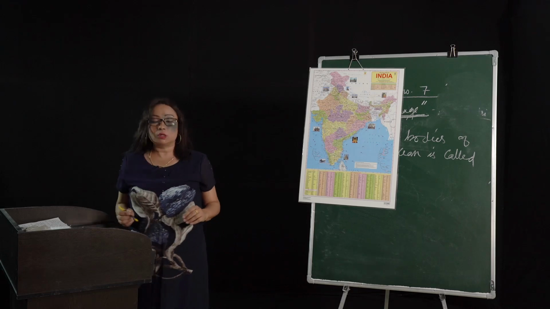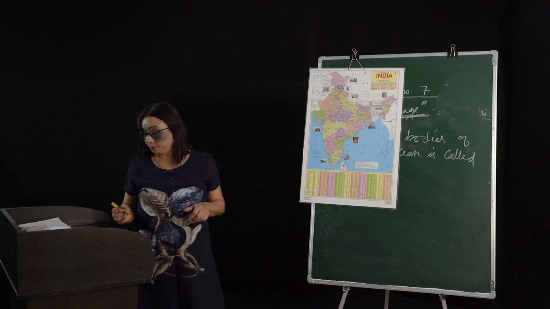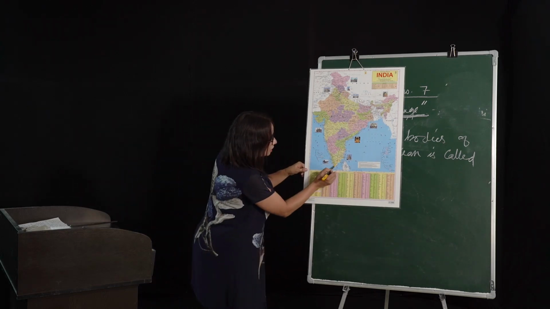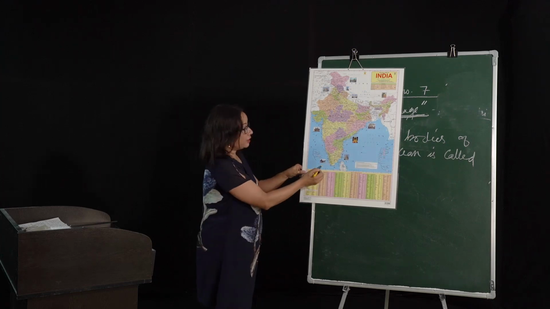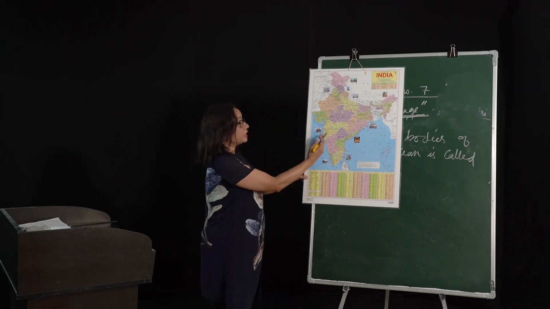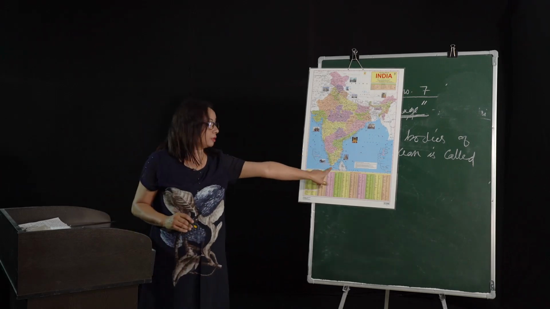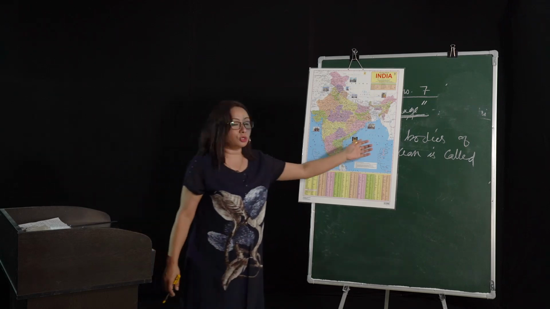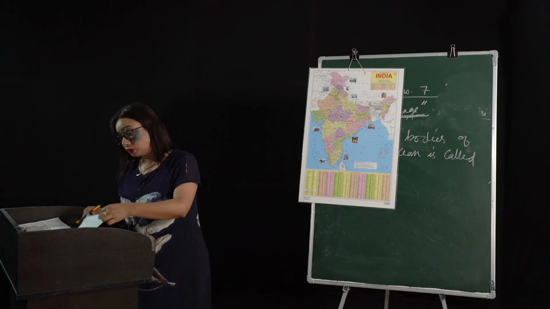And the peninsular tip, the tip of the landmass, divides the Indian Ocean into half. So, the peninsular tip divides the Indian Ocean into two branches. The eastern branch is called the Bay of Bengal and the western branch is called the Arabian Sea.